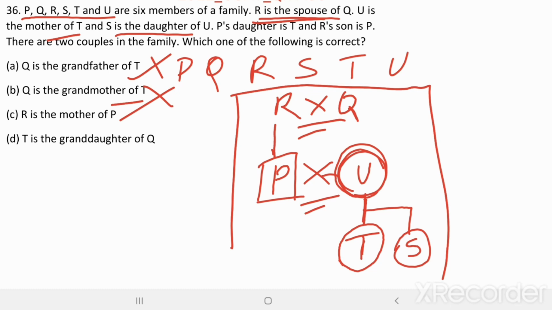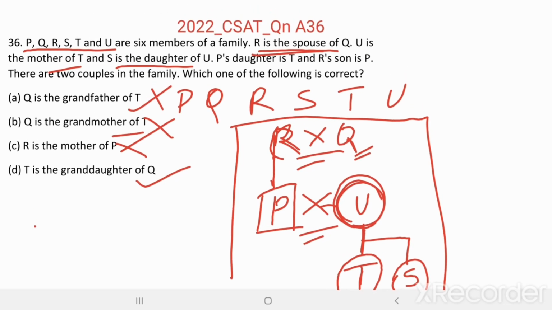R is the mother of P. We don't know whether R is mother or father; R is a parent of P. So this is also false. T is the granddaughter of Q. That is true. Option D is the right answer.